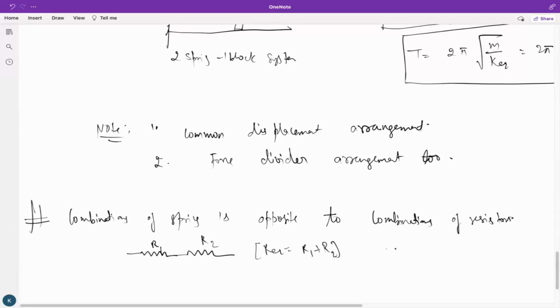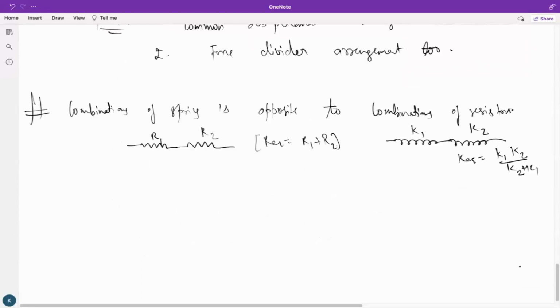But when two springs are connected in series with stiffness constants K1 and K2, the K equivalent is equal to K1K2 by (K1 plus K2), or we can write 1 by K equivalent equals 1 by K1 plus 1 by K2.